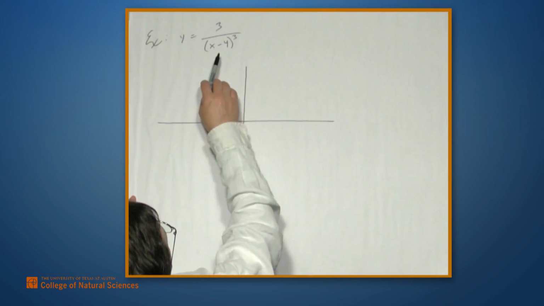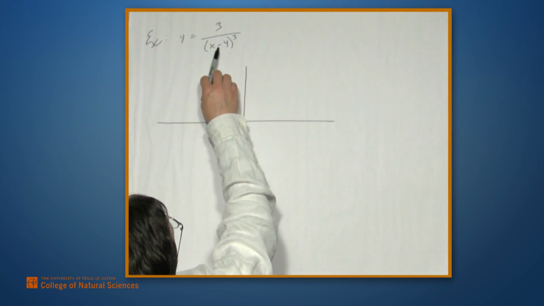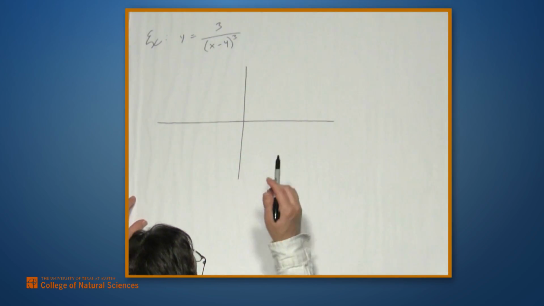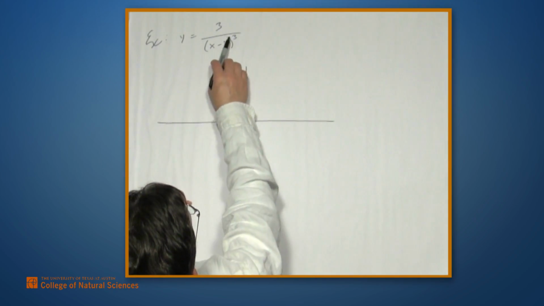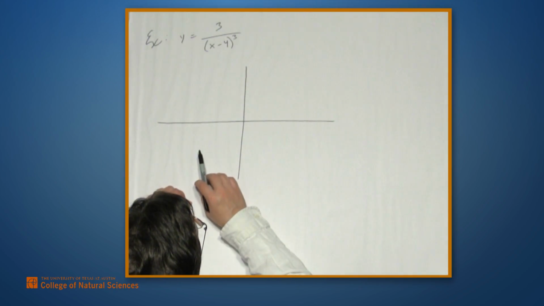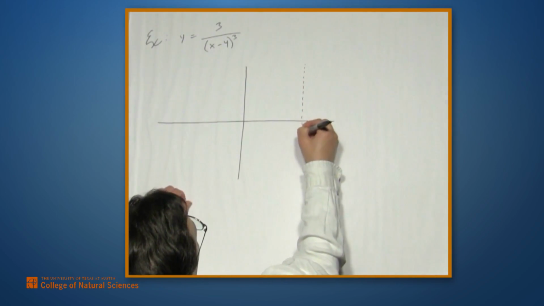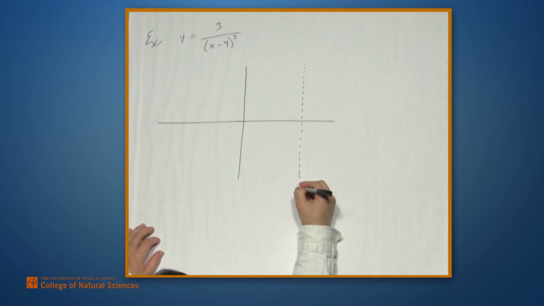We'll talk about this more in the next video. We can sort of intuit that the problem point here is going to be x equals 4. It was x equals 0 for those last two examples because we couldn't plug in 0. Here we can't plug in 4 because that's what makes the denominator 0. So we are in fact going to have a vertical asymptote at x equals 4.